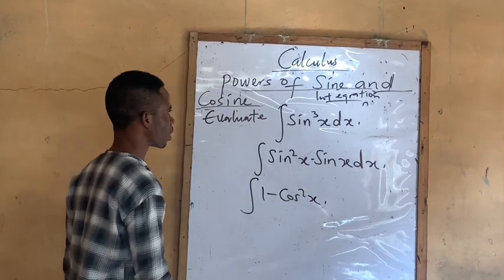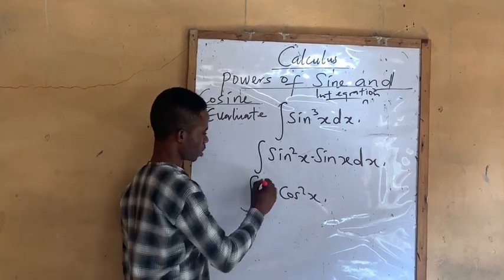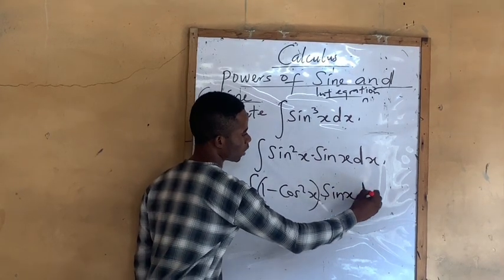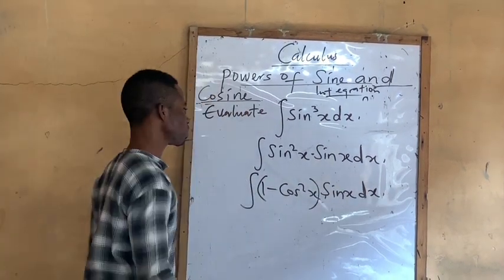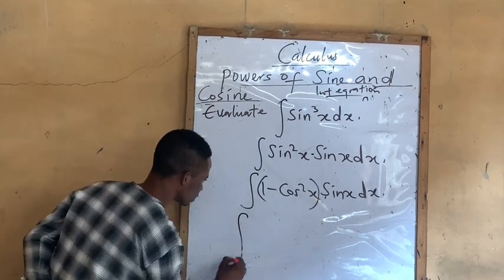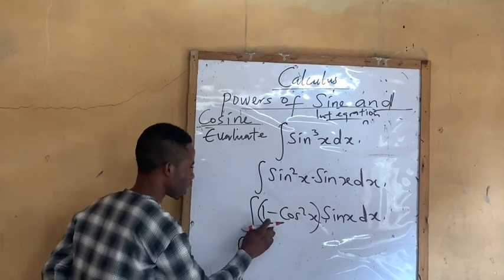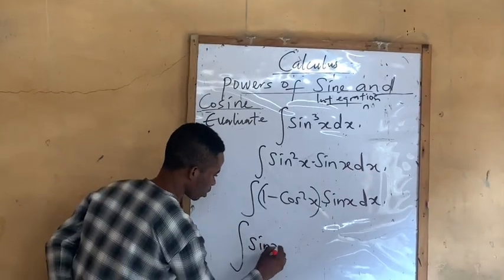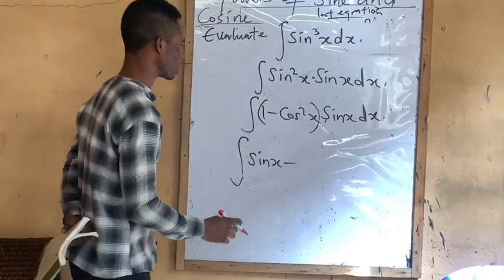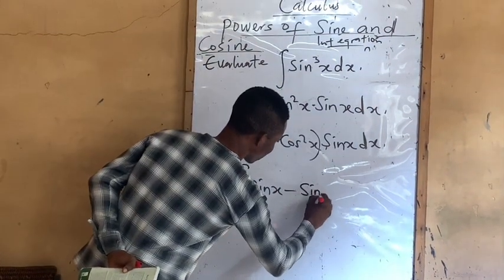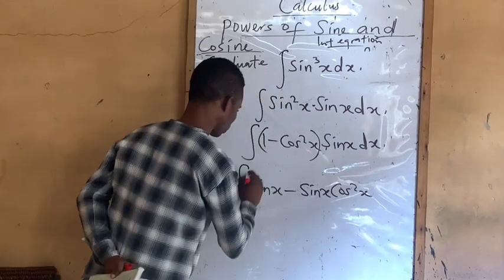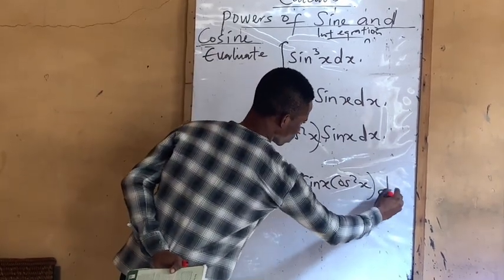As we know in our trigonometry, this bracket, then sine x dx. So I can use this sine x to open the bracket. That means I'm having integral of sine x times 1, that is sine x, minus sine x times cos square x, that is sine x cos square x dx.